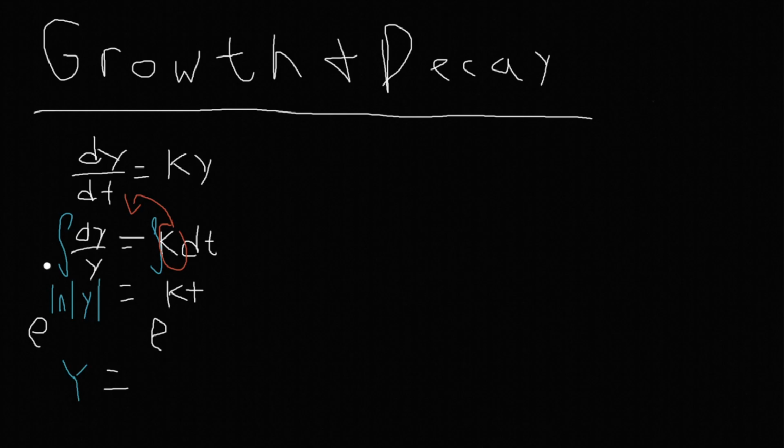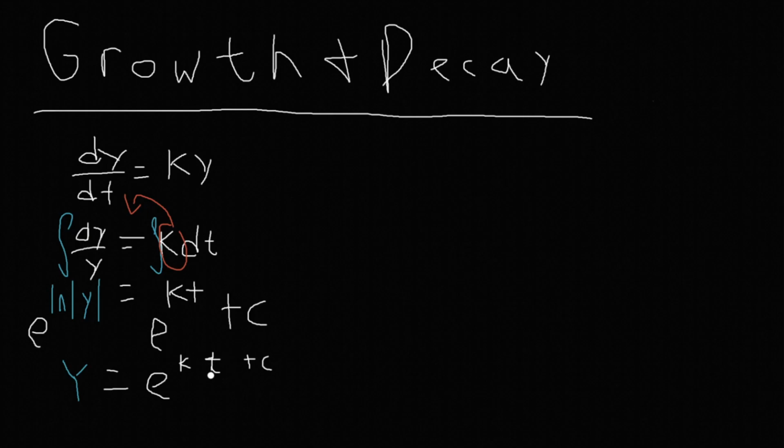And so over here, we are left with e to the kt. I also forgot the plus c over here. So when you do the plus c, you have a plus c over here.